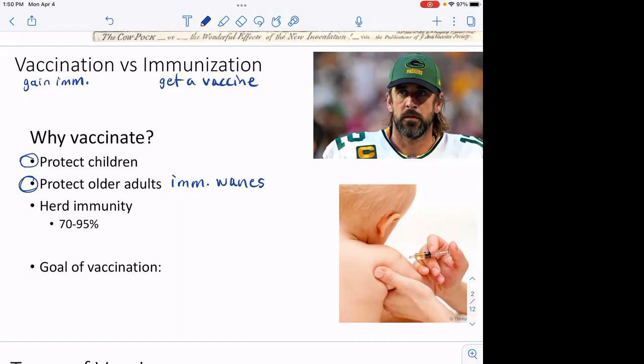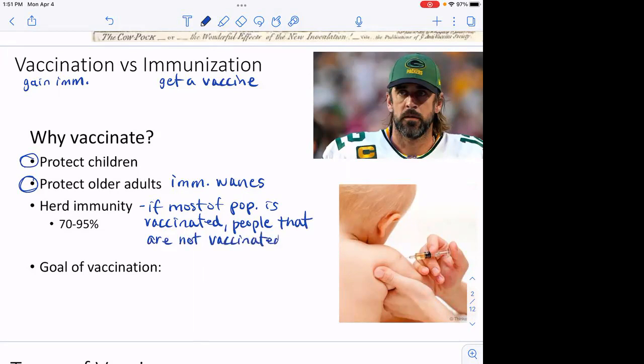So in other words, if most of the population is vaccinated, people that are not vaccinated are protected.